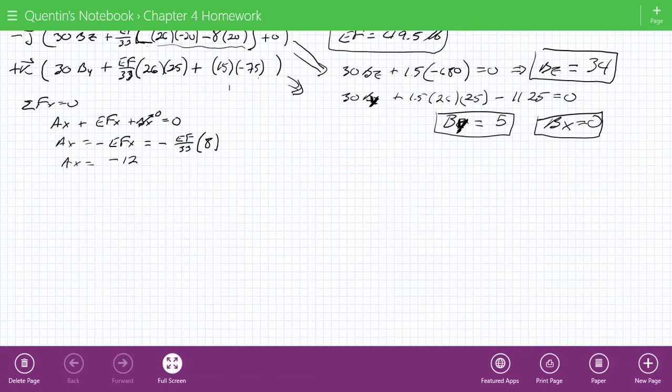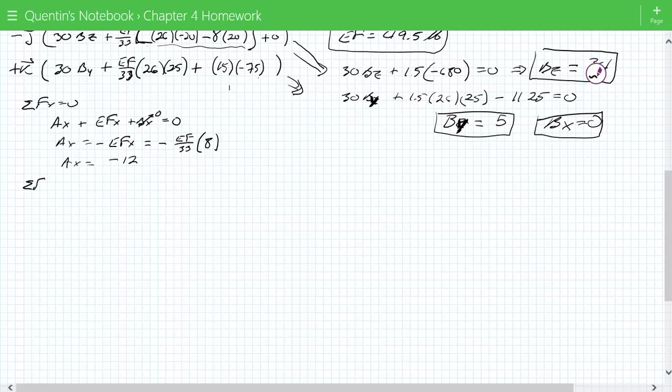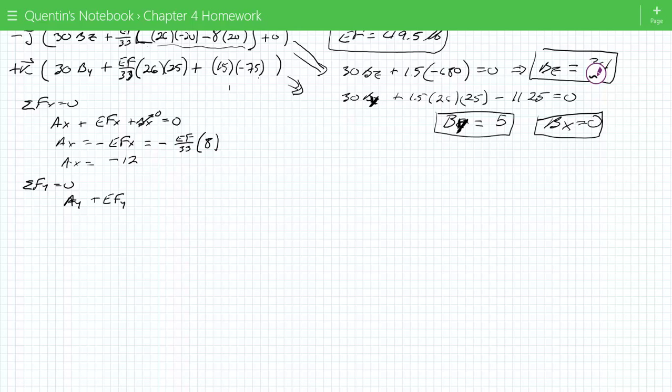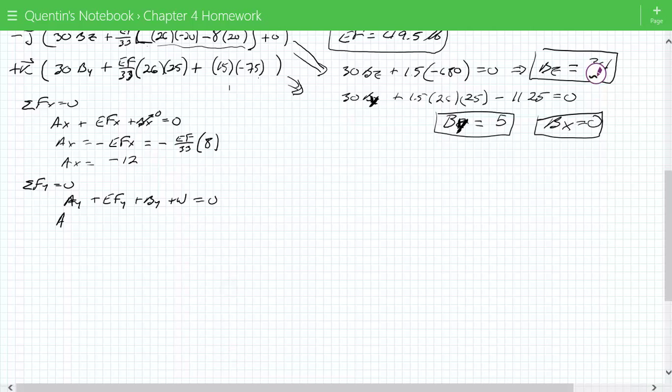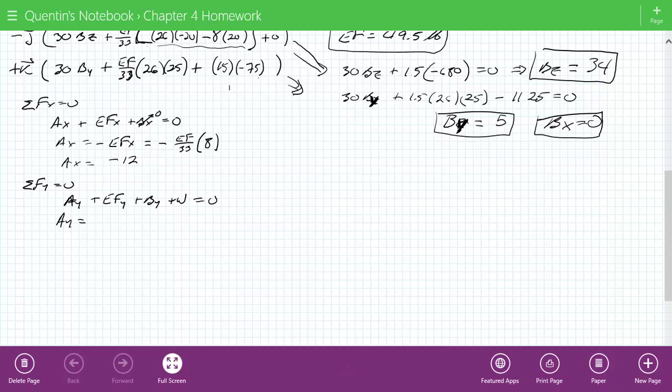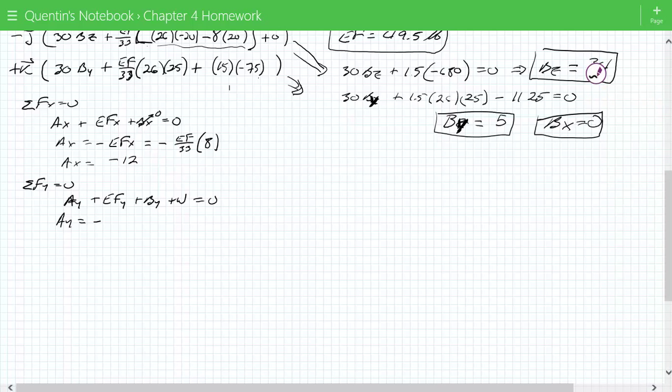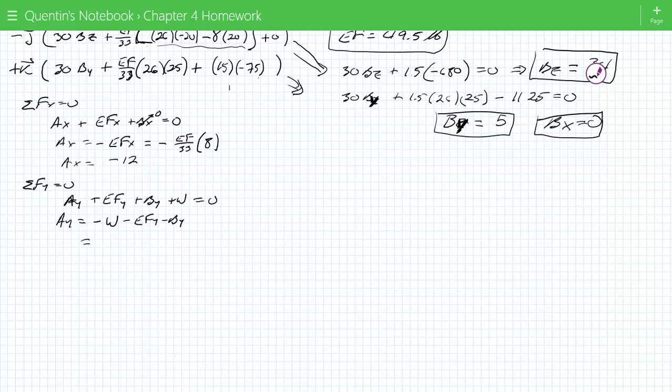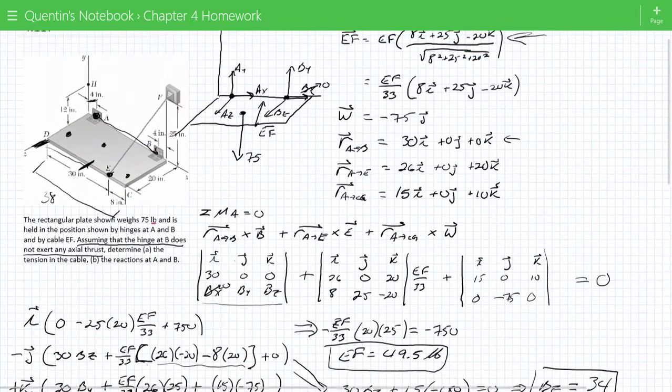Okay, so then we're going to do the same idea. Sum of the forces in Y equals 0. So AY plus EF in the Y direction plus BY plus the weight is equal to 0. So AY is equal to minus weight minus EFY minus BY. So it's equal to minus and minus 75, so it's 75 pounds. EF in the Y direction is, we're going to look at it right here.